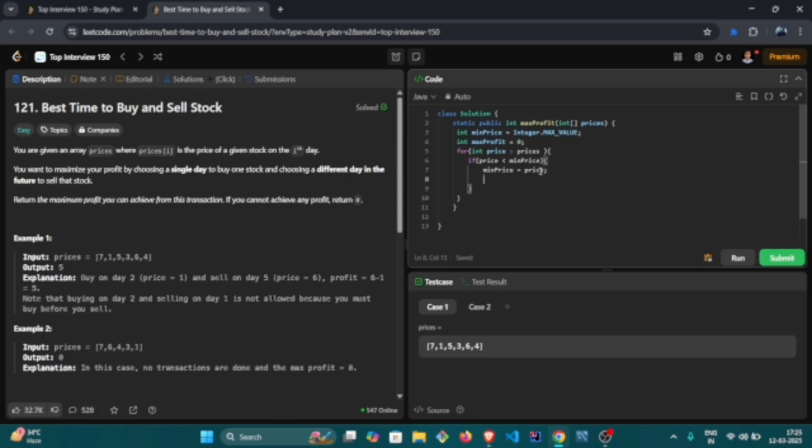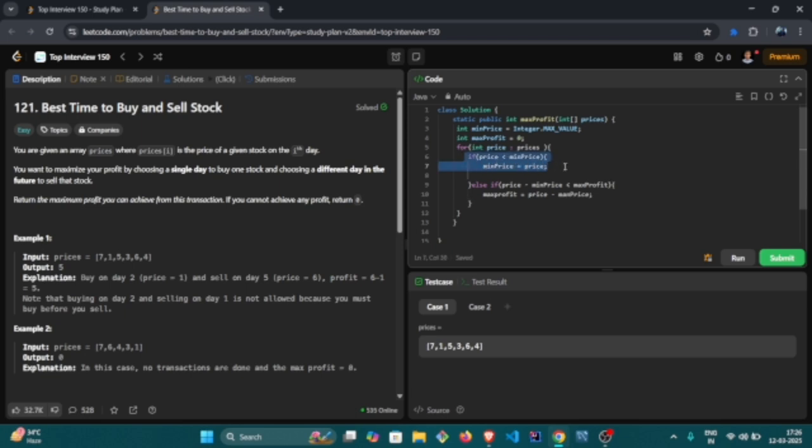Now it's time to track the maximum profit, so for that we will make another condition: else if price minus minPrice is greater than maxProfit, then maxProfit will become price minus minPrice. With the help of this condition, we are ensuring that we are getting the minimum value, and as minPrice holds the minimum value and price holds the rest of the values, we subtract and, if this is greater than maxProfit, we change to the new maxProfit.